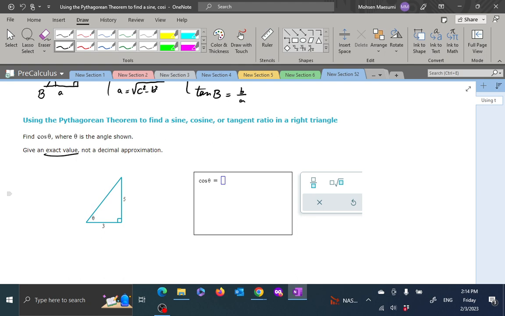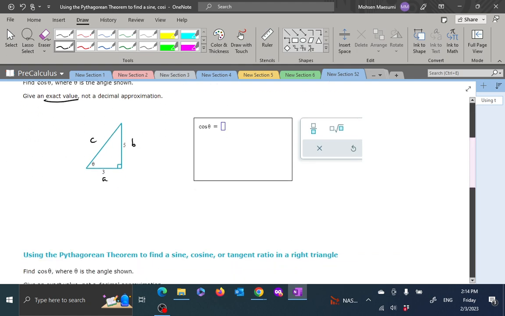So in this case we want to find cosine of theta. Let me refer to these as A and B, and this is C. So remember that cosine of theta is the ratio of adjacent to hypotenuse. So adjacent is A, hypotenuse is C, and we have A and B but we don't have C. Well, of course C squared is equal to A squared plus B squared.